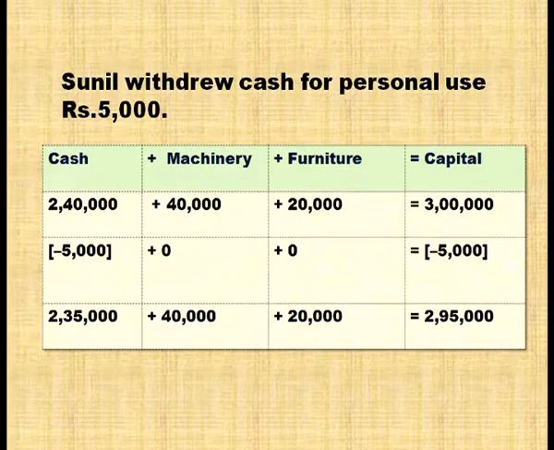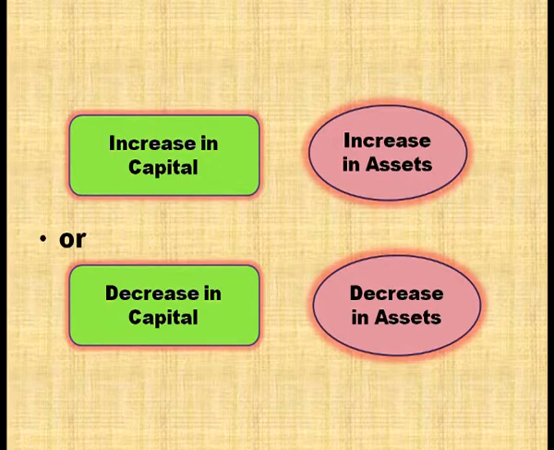This is another transaction. Cash worth rupees 5,000 is going from the business. So, from the cash column we are deducting minus 5,000 and in the capital column we are deducting 5,000.